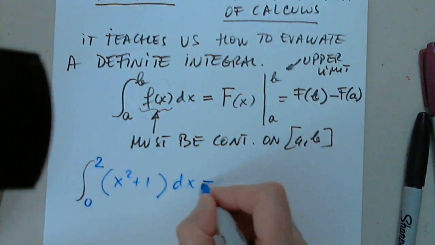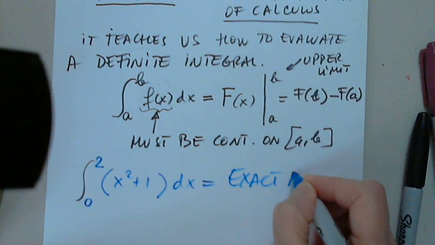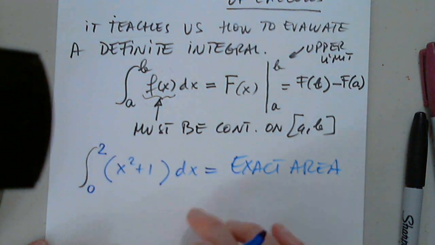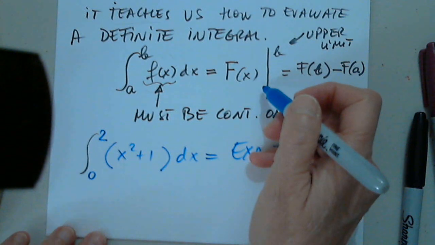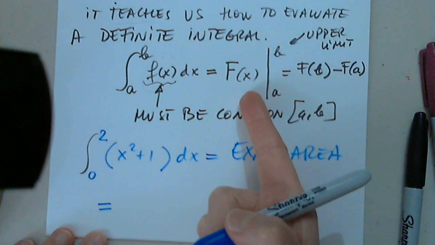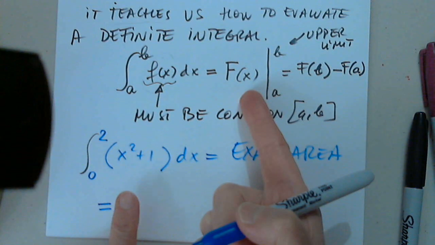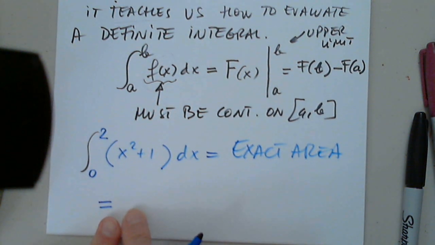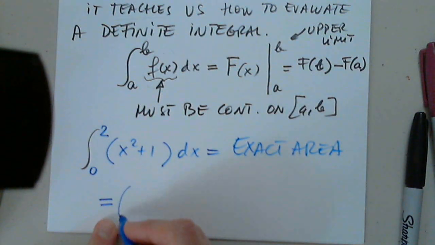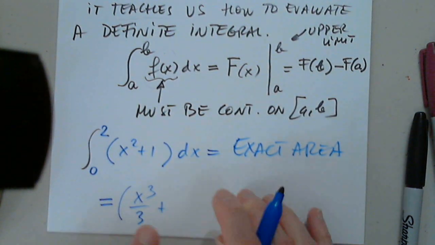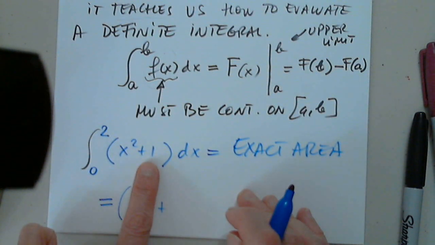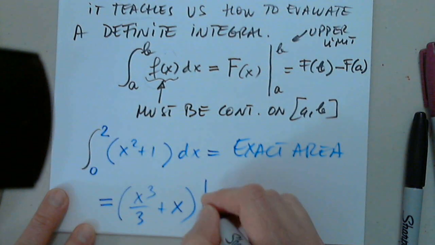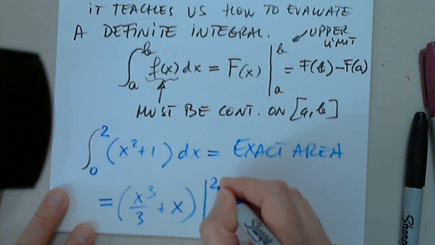That's it. This is the exact area under this function between 0 and 2. But now I know how to calculate it. Let's find the antiderivative. Which function prime is x squared? X cubed divided by 3. Excellent. Plus, which function prime is 1? It's just x. From 0 to 2.